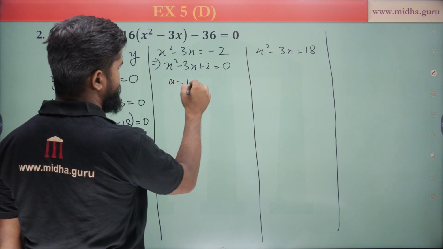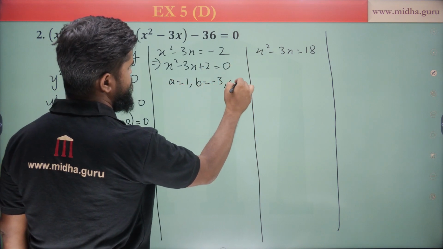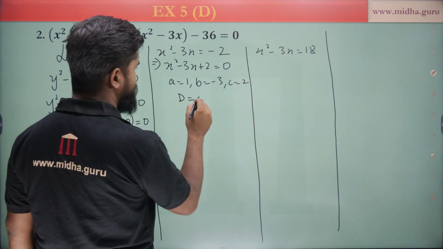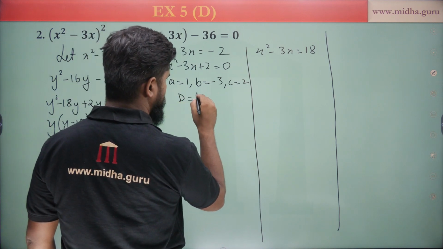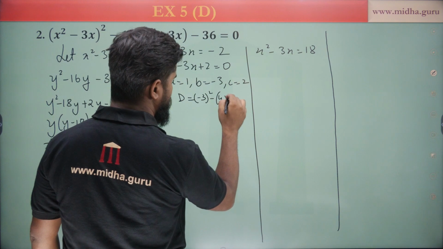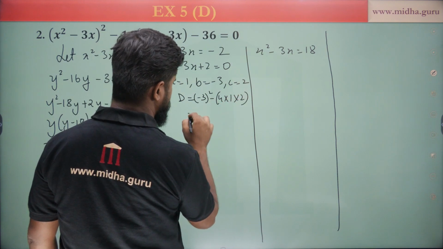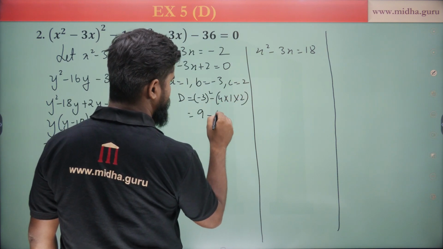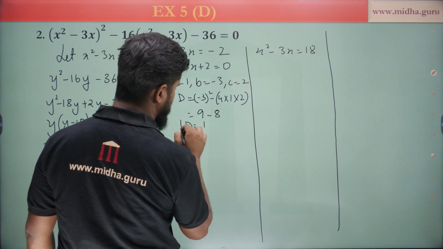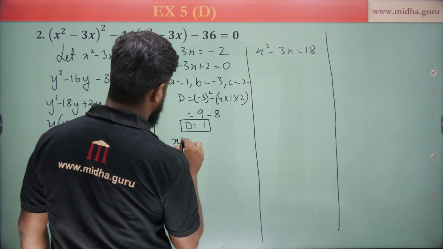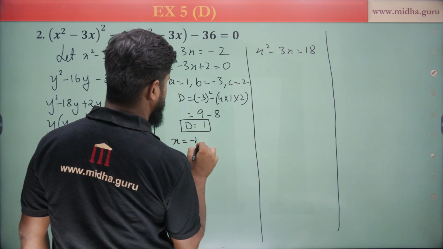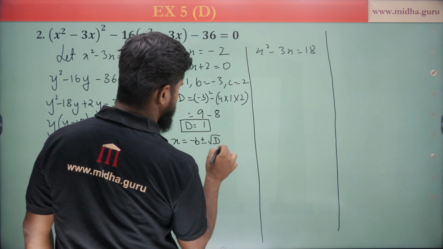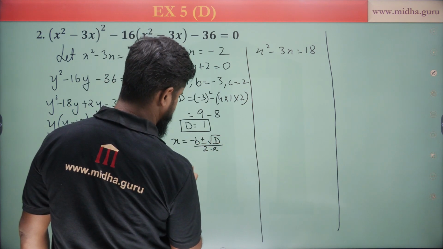From where a is 1, b is minus 3, c is 2. The discriminant will be equal to minus 3 whole squared minus 4 into 1 into 2. As this is 9, minus 4 into 2 is 8, we get 1. So x is equal to minus b plus or minus the root of D divided by twice of a.